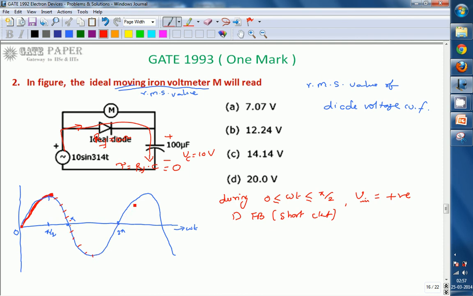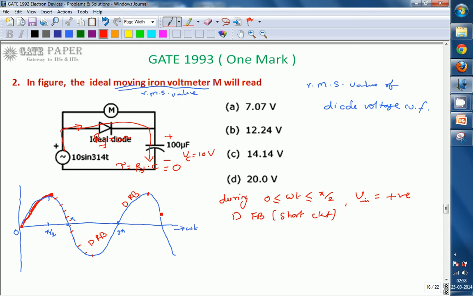At most the voltage may reach plus 10, so the diode cannot become forward biased. So for all the rest of the cycles after the first quarter cycle, the diode will be under reverse bias.